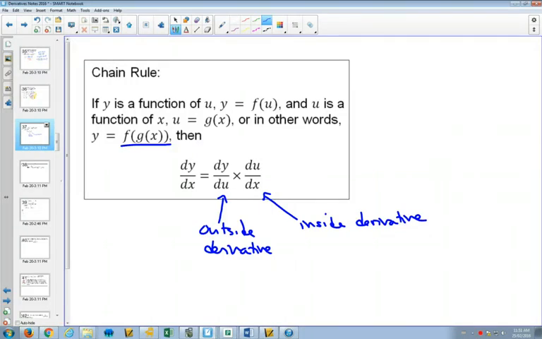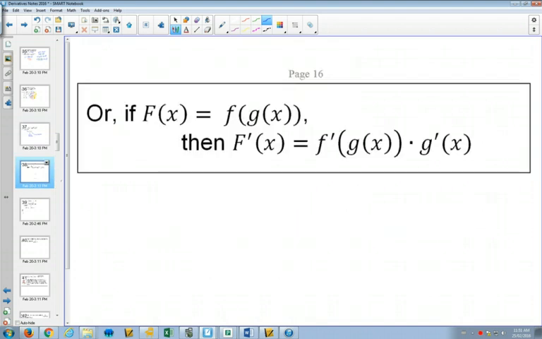So we did our power rule, which was our outside function first, and did the derivative of that, and kept the inside the same. And then we multiplied by our derivative of our inside function. So this is one set of notation for this. Here we have another set of notation for this. I think this notation shows that even easier.